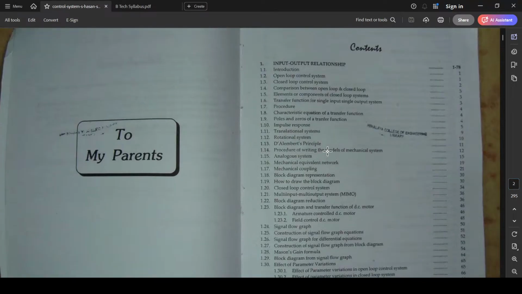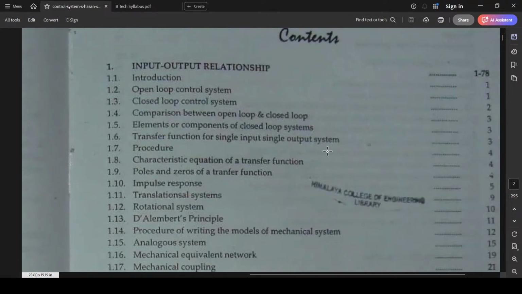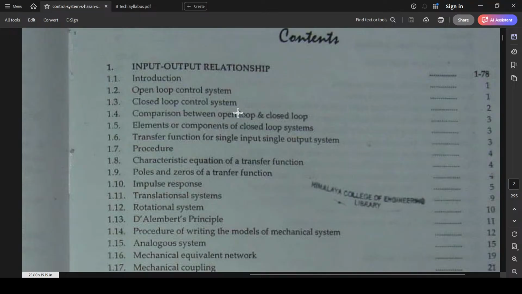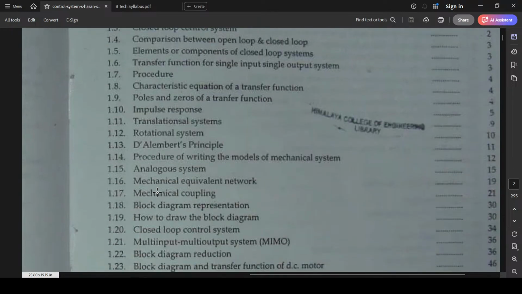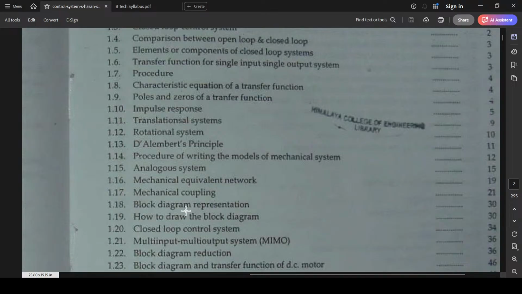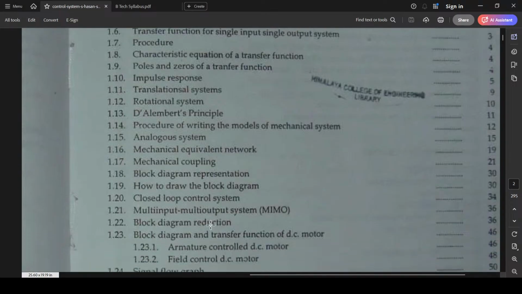Here you can see the introduction, open and closed loop. Here it starts with transfer function, poles, and block diagram reduction. This is also in the second unit.